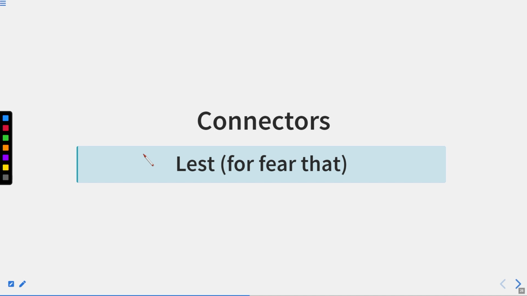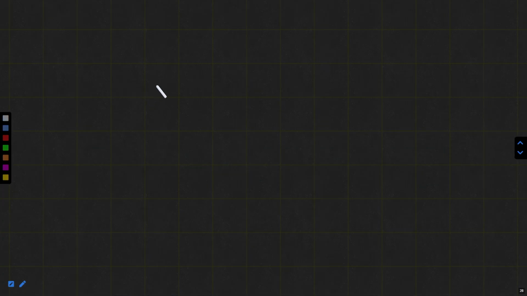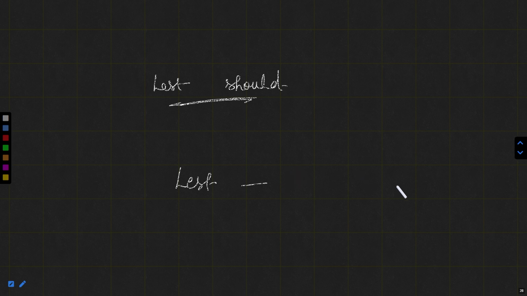Now another connector we are going to discuss is "lest." This "lest" means for fear that. Lest can also be a pair conjunction. If it is a pair conjunction, lest is always followed by "should." But it can be used as a single conjunction as well, where lest means that this should not happen.